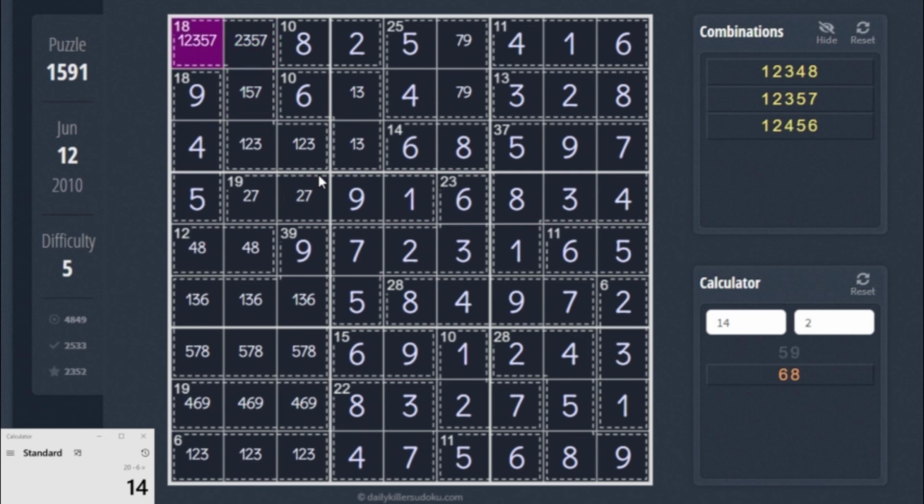Okay, so 1 already use, 2 already use, 5 already use. 3 and 7, 3 already use, 1, 3. Well, so we got 1, 2 pair. We can remove 1 from this candidate. 5, 7. Already got 9 here, so we can remove 9. So we got 7, so we can remove 7 from here. We got 5. We got 3 and 7 pair.